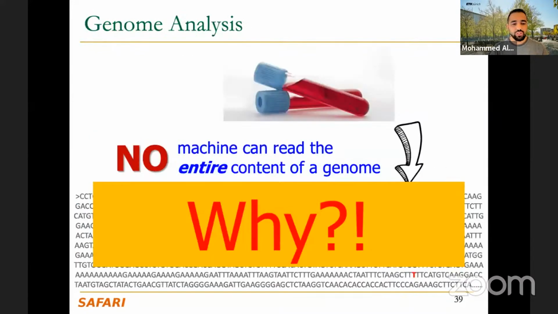But in short, the chemical materials they use in library preparation or during the sequencing have a lifetime. And this lifetime can finish very quickly after reading a small number of your bases.